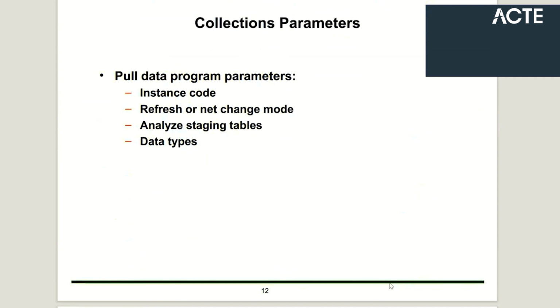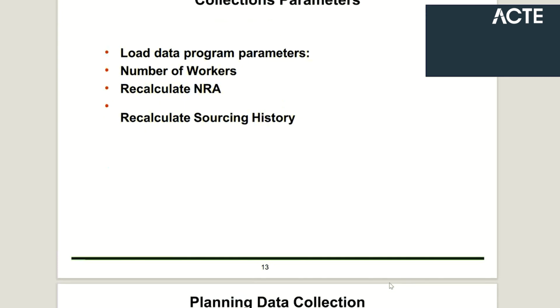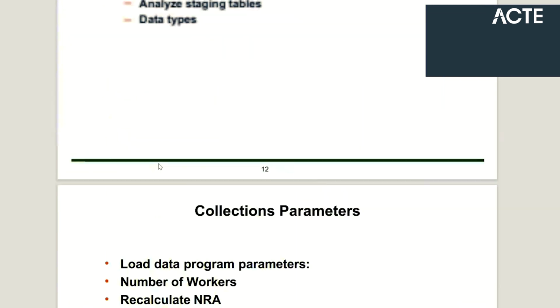Now, when it comes to collection parameters, it can be instance code, or it can be analyzing the staging tables and the corresponding data types involved in this flow. Now, in planning data collection, run this request. When we submit it, it will say I'm doing a data pull, I'm doing a load from, what is this ODS?